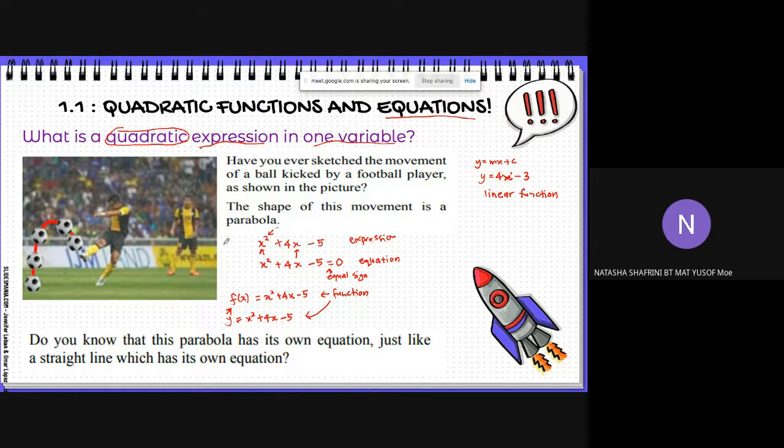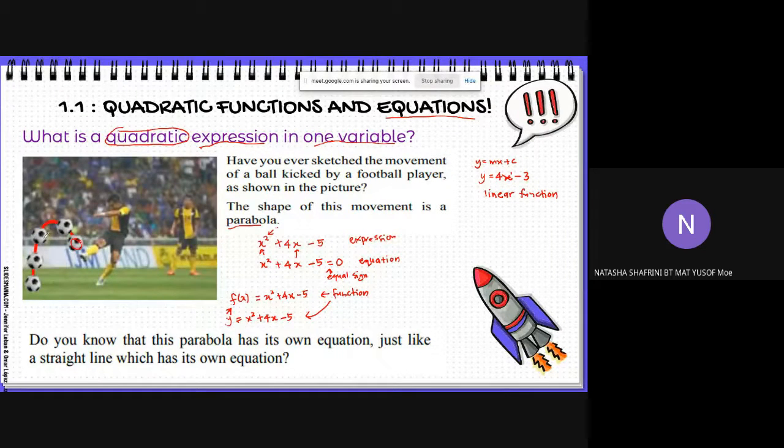Okay, now pergi tengok gambar ni. Okay, what is a quadratic expression in one variable? Gambar nampak diagram. Have you ever sketched the movement of a ball kicked by a football player as shown in the picture? Okay, the shape of this movement is a parabola shape. Okay, if you see the movement of the ball kicked by a player, so this is the first touch of the player.